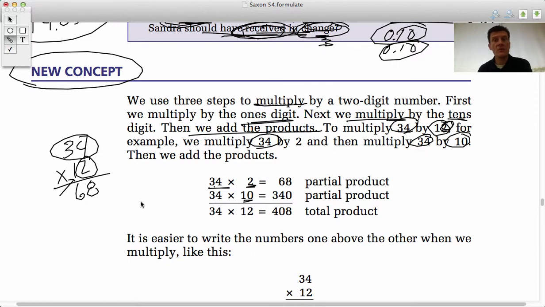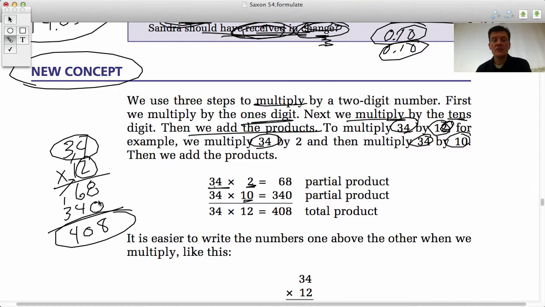So we know that when you multiply by 10, you're going to have a 0 at the end. That was from a previous lesson, remember? So then if you just take 1 times 34, that's 34, but 10 times 34 is 340. And then you just add these two numbers together. So 8 and 0 is 8, 6 and 4 is 10, carry the 1, 3 and 1 is 4, 408.